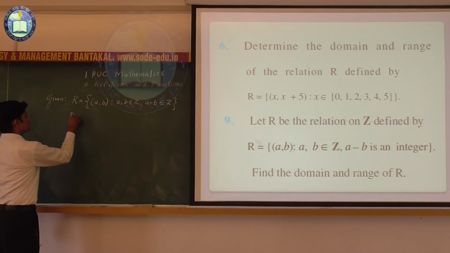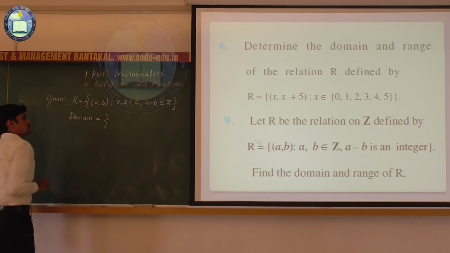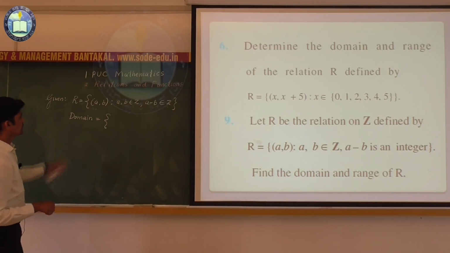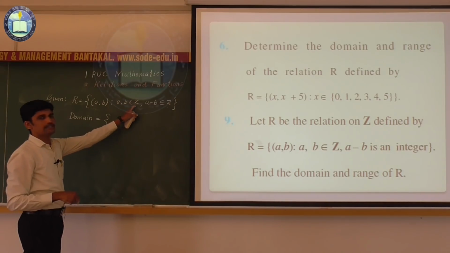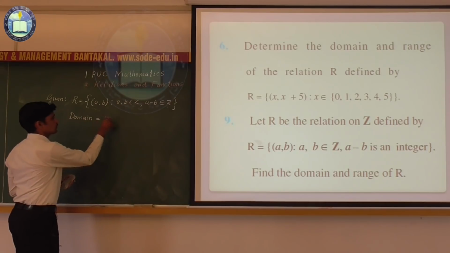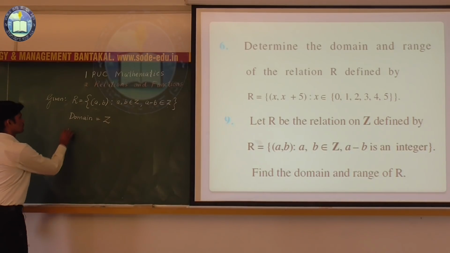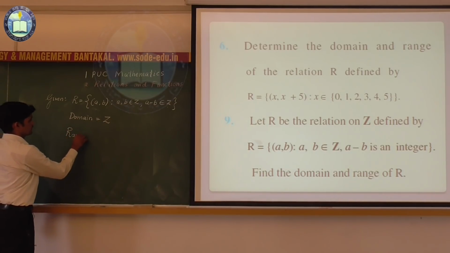What is the domain? Means what are the values of A? What are the first elements we can have here? A is an integer, therefore we can take any integer here. So domain is equal to Z. And range is equal to the set of all second elements.